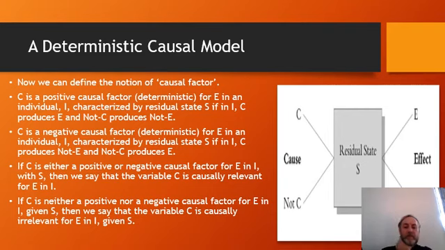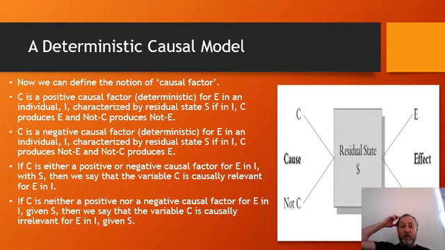Okay, so using this machinery, these stipulations we've made, now we can define the notion of a causal factor. It's something we're interested in when we're trying to determine whether something is a cause. So we can say C is a positive causal factor, and this is in a deterministic model, for E. C is a value of a variable, E is a value of a variable. So, is having fair skin a causal factor for having skin cancer?